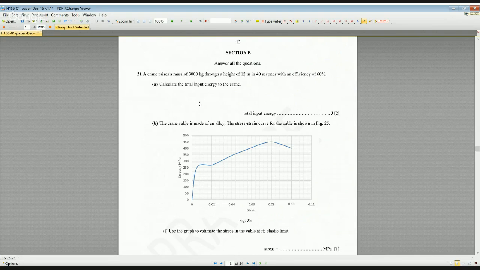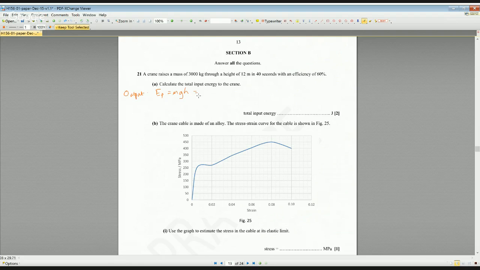Question 21, a crane raises a mass of 3,000 kilograms through a height of 12 meters in 40 seconds with an efficiency of 60%. What's the total input energy to the crane? So the first thing we can work out here is what the output energy is. The output energy is a result of lifting the mass through a height and it gaining gravitational potential energy.